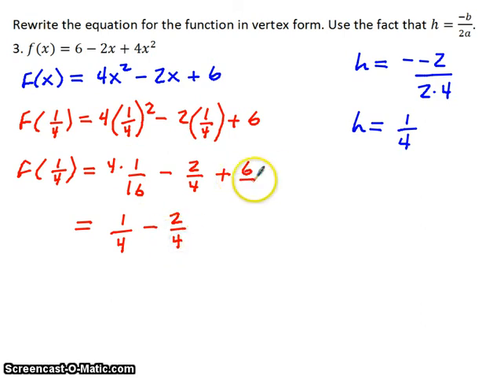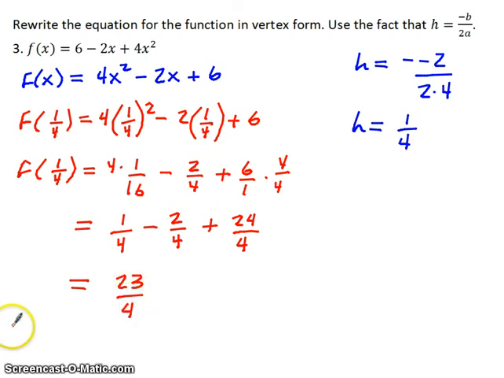And I need a common denominator, so I'm going to multiply the 6 by 4/4, which gives us 24/4. That's just a fancy 6. And 1 minus 2 is a -1. -1 plus 24 is 23, which gives us the k value, right?